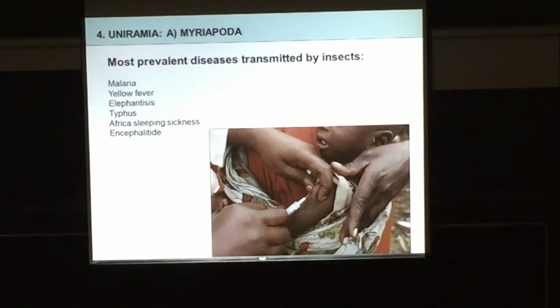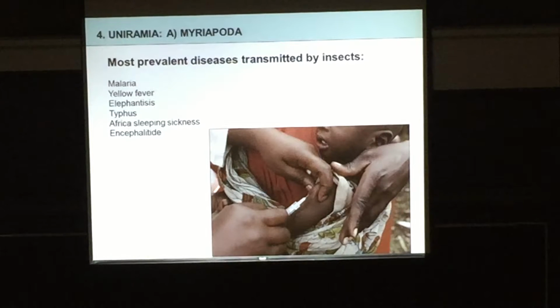So on top of malaria, black plague, which we don't see that much anymore, although it's still endemic in the southwestern part of the United States, we have yellow fever, elephantiasis, typhus, African sleeping sickness, and encephalopathy. And that's a collection of diseases.